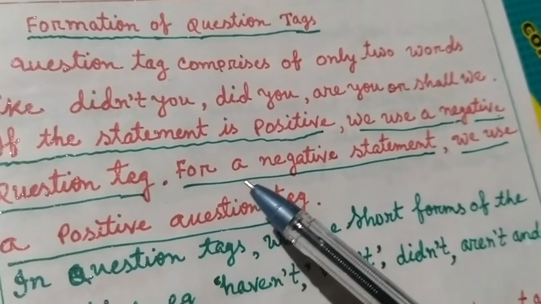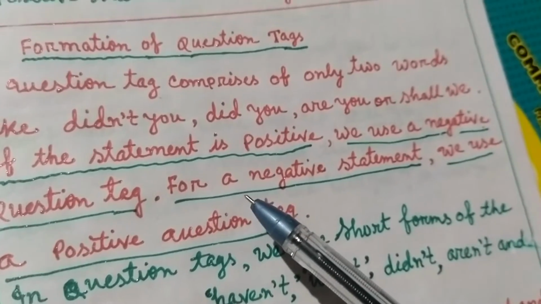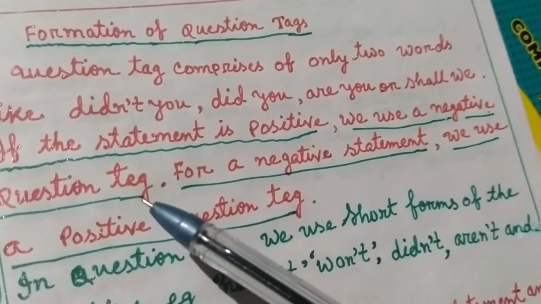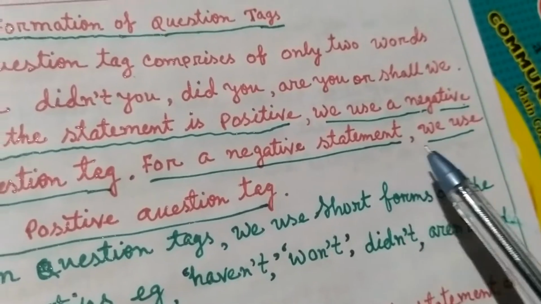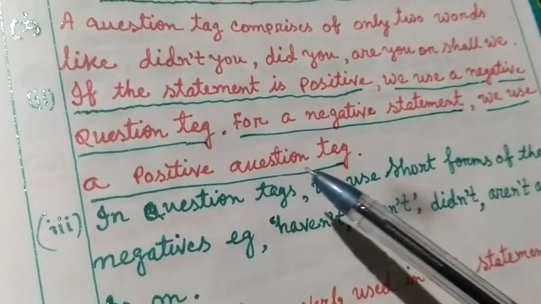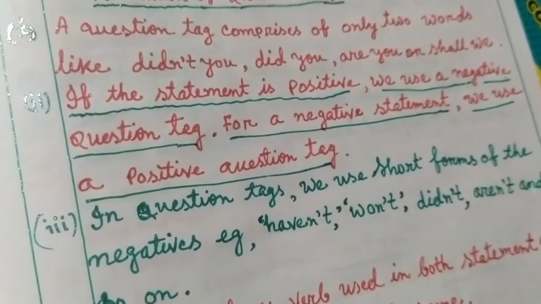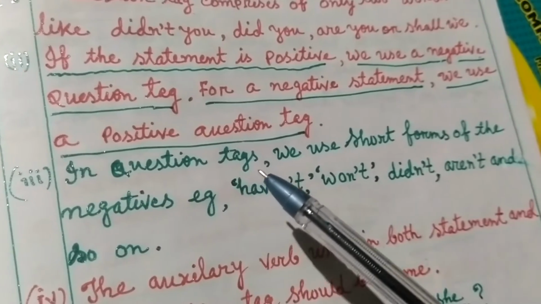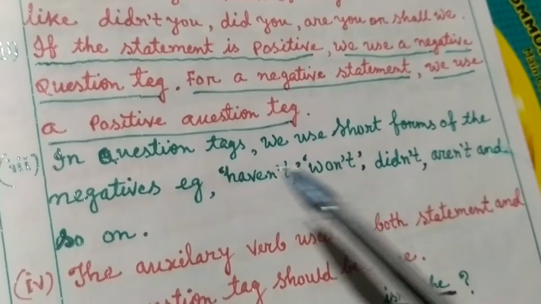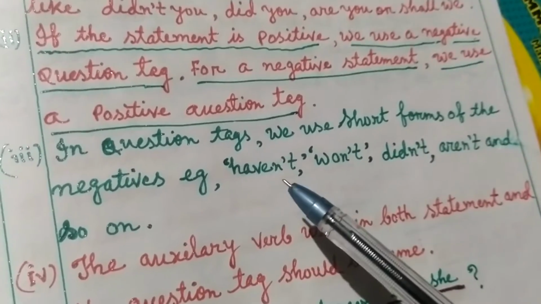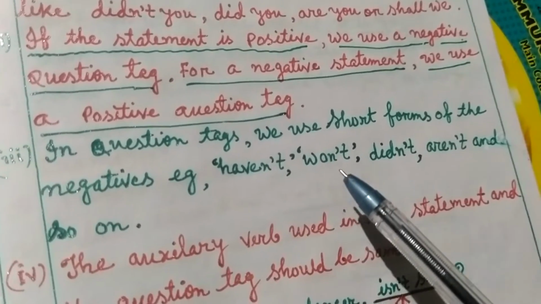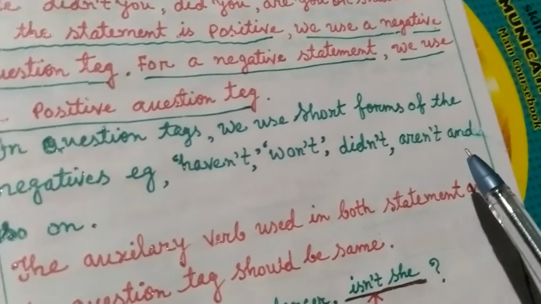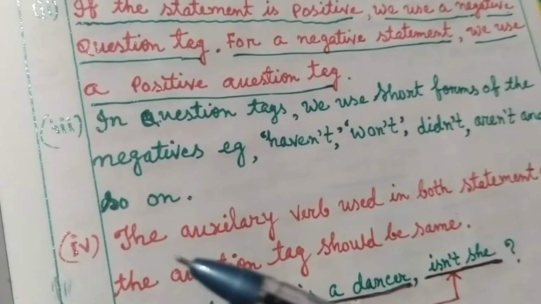For a negative statement, we use a positive question tag. Number 3, in question tags, we use short forms of the negatives, that is haven't, aren't, didn't, and so on.